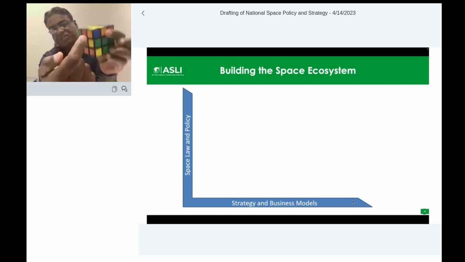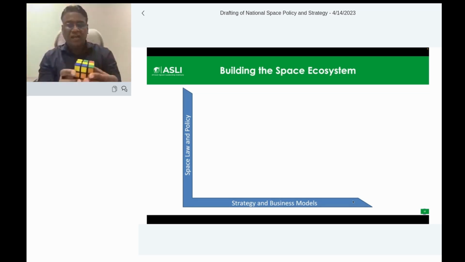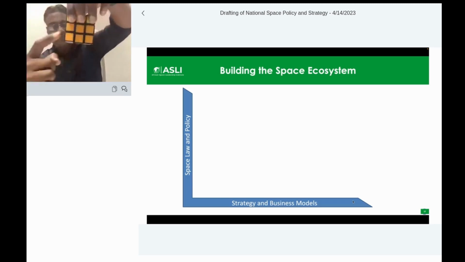So this piece has to come on this side, okay? And if I do that properly, sorry, I've just moved this out here. Yeah, if I do that properly, I've now solved the second layer, okay?